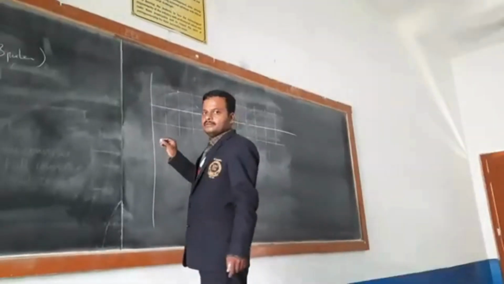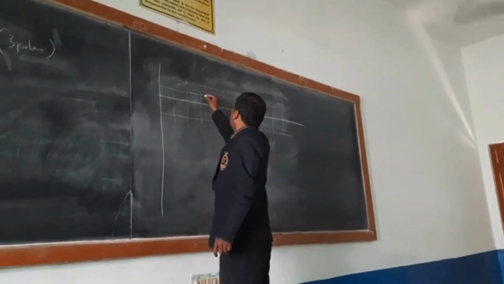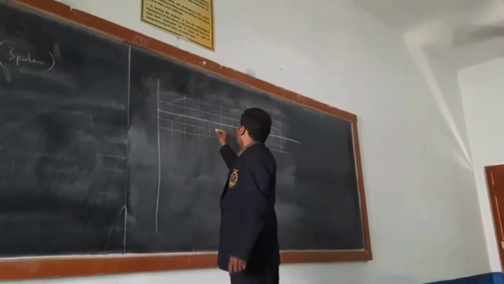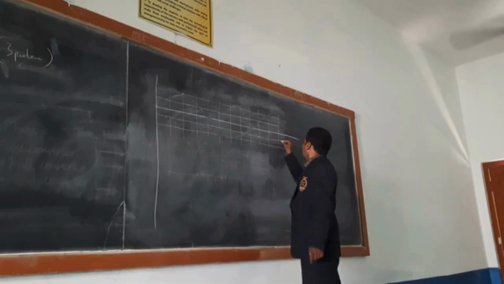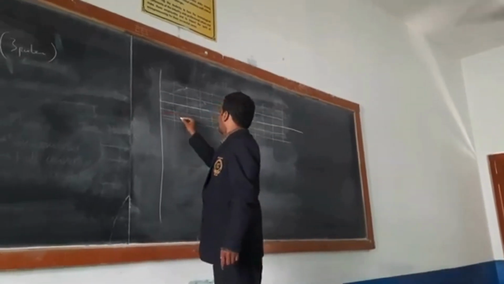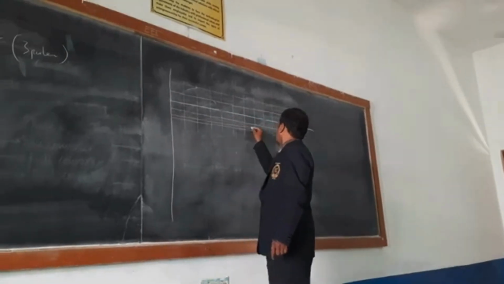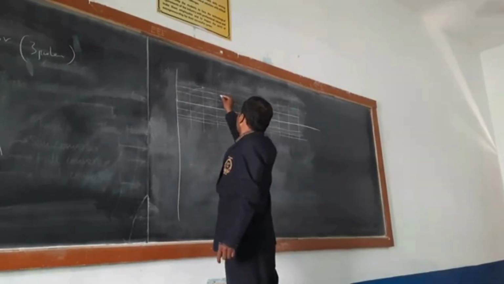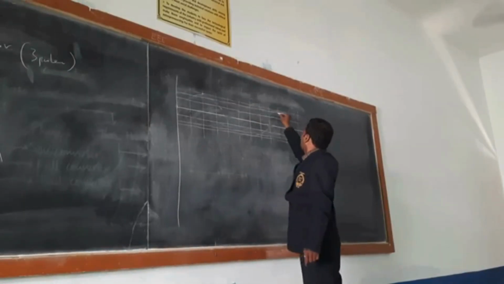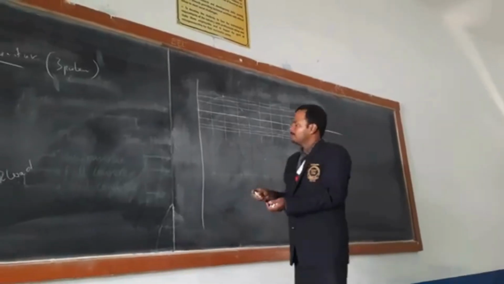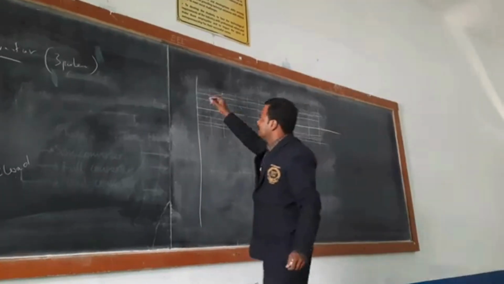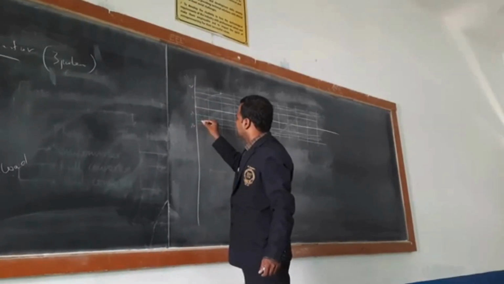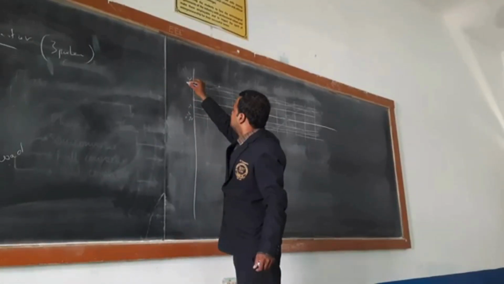For the R phase, this is 1 and this is 2 above the reference, this is minus 1 and this is minus 2, and this is 1.8 and this is 1.8.